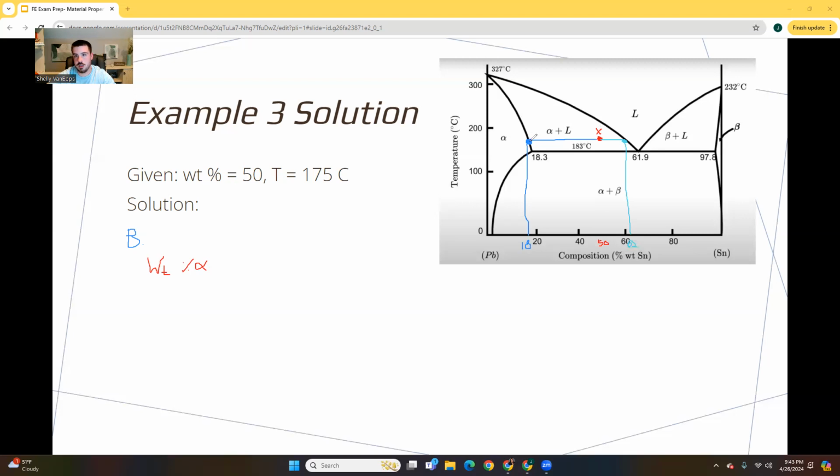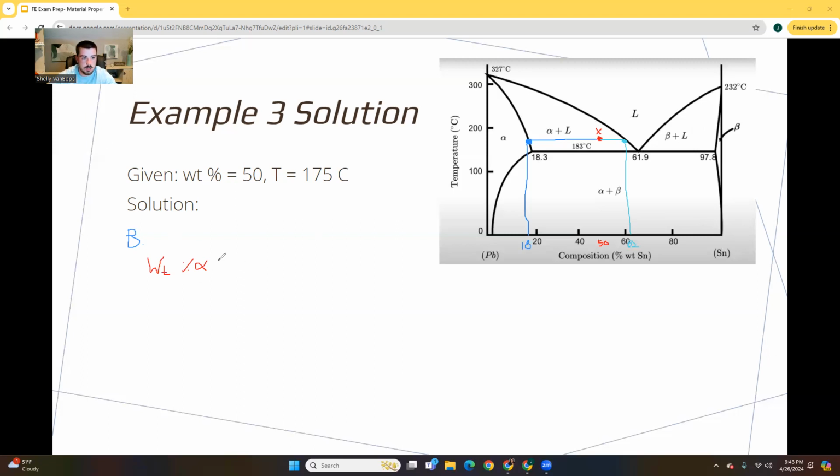So you can see our alpha should be a lower percentage, since beta is over on this side. This would be our percentage of alpha, while this one would be our percentage of liquid.